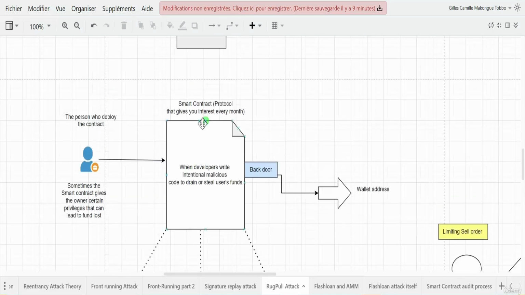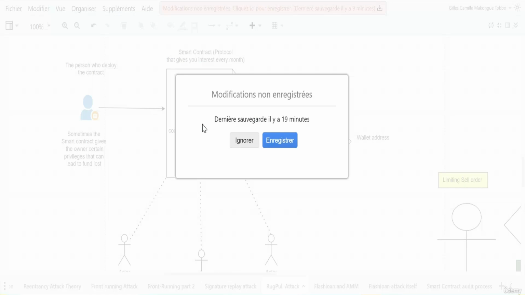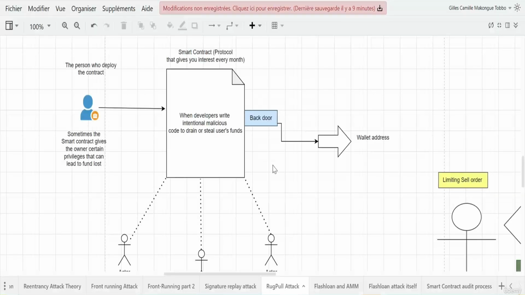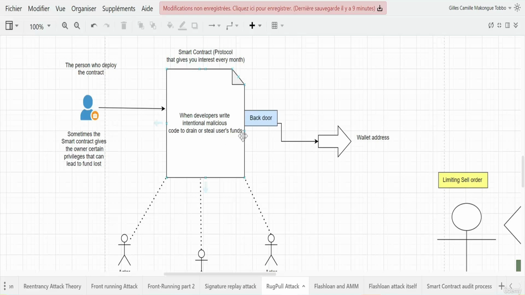That's why they recommend that protocols or cryptocurrency projects should go under what we call an audit. Because if this kind of project goes under an audit, we are going to spot that, yeah, this is a vulnerability.